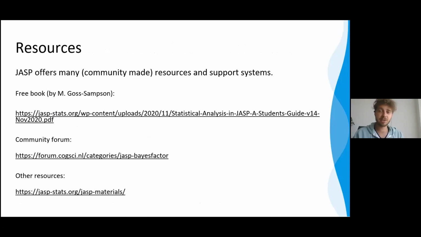So that is a very nice starting resource. There's also an active community forum that we look upon frequently, which you can find under the following link, the JASP Bayes Factor forum. Or if you're interested in anything else, you can find something under the link on the website where you can find a lot of JASP materials.